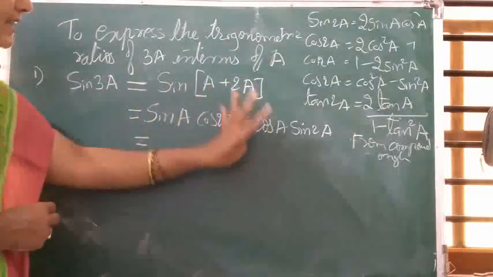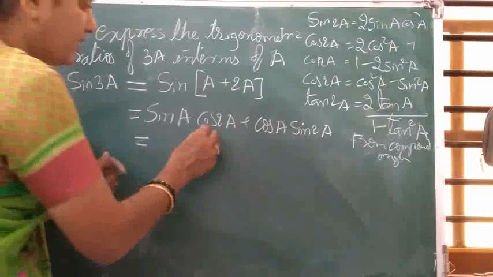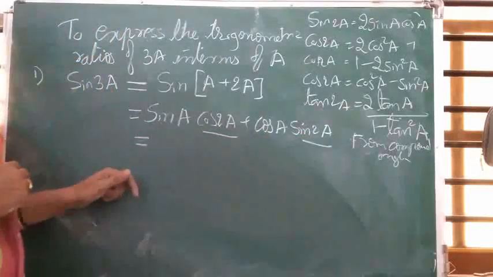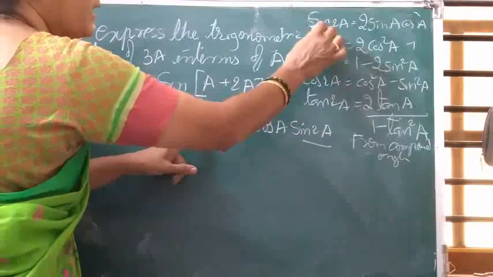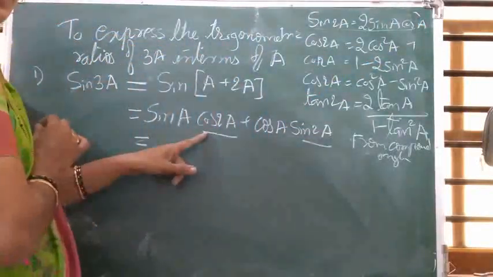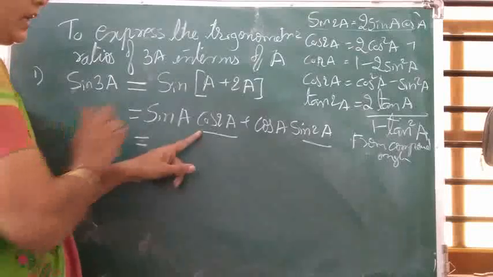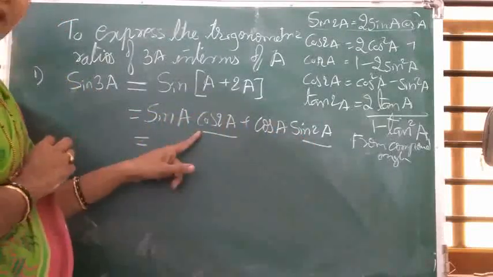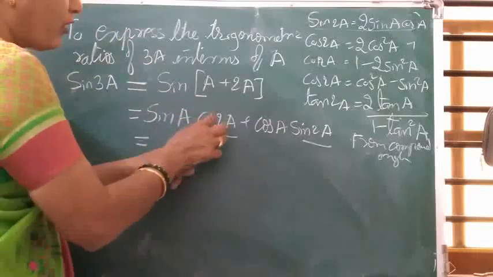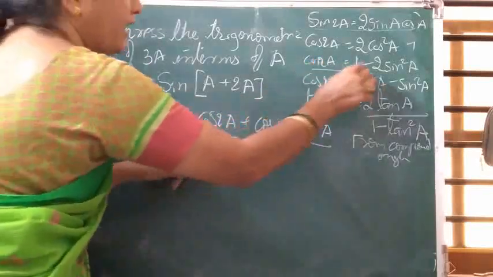Now, sin 3a is equal to, we want, let me write the answer only in terms of a. This 2a should be avoided. Okay, you know the formula for sin 2a in terms of a as 2 sin a cos a. Here I have sin here, which means I want all the answers in terms of sin only. So I make use of the formula for cos 2a in terms of sin, this one.